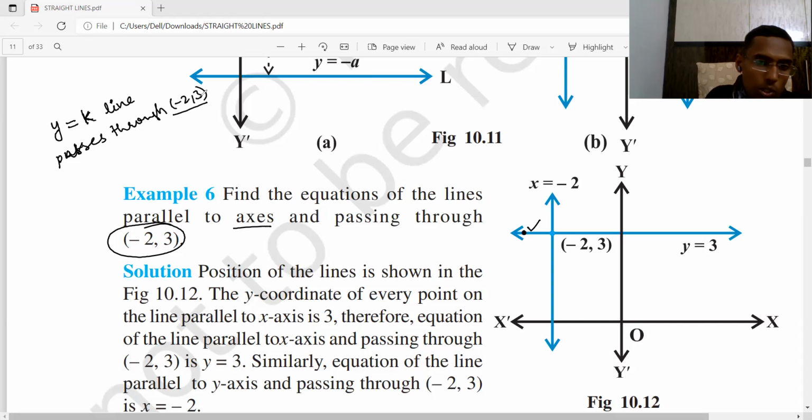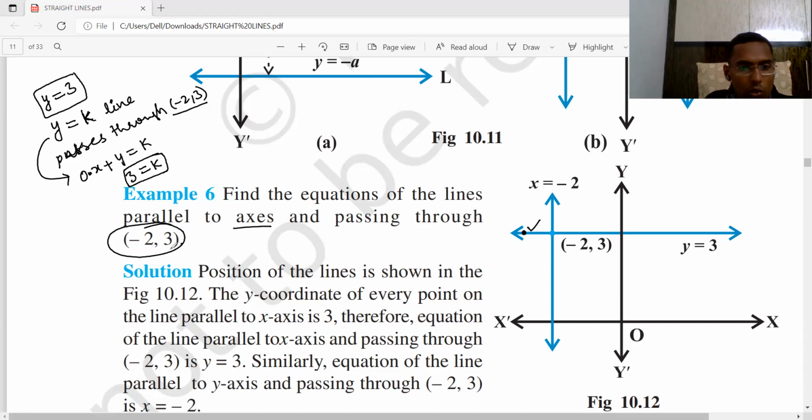This is 0x plus y equal to k, so you don't substitute the x value, because 0 into x is anyway 0. Substitute the y value, and that is how you find the value of k. So y equal to 3. Or simply, the y coordinate is always 3.